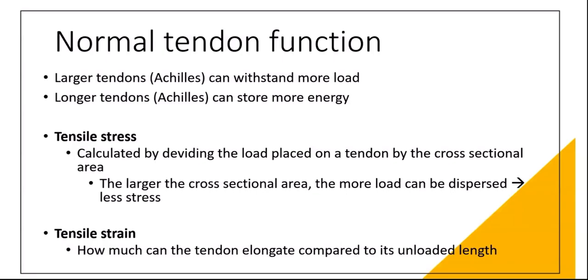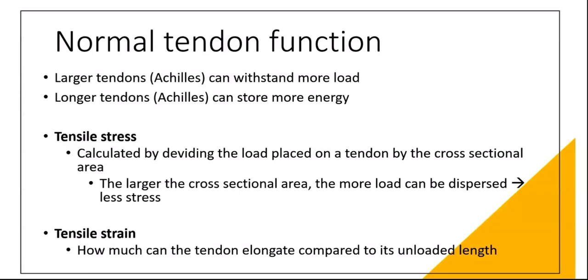About normal tendon function, we have to realize that larger tendons, such as the Achilles tendon, can withstand more load. Longer tendons, also Achilles, can store more energy. And in literature we talk about tensile stress and tensile strain. Just to define those topics, what exactly is tensile stress?